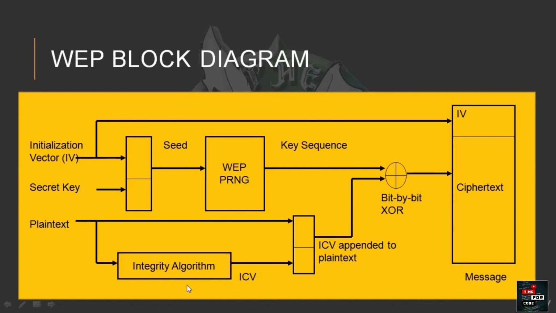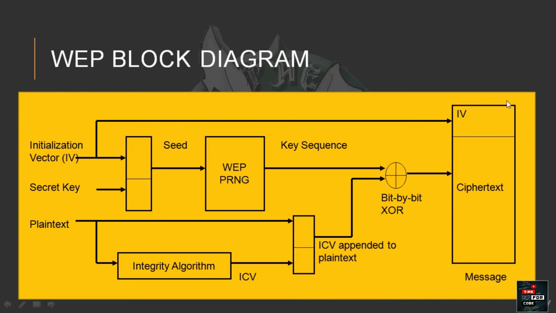This integrity check value, or ICV, is meant to provide data integrity protection so that on the receiver side, the receiver will know whether the data has been modified in transmission. Other than that, it's a bit by bit XOR of the key sequence with the plain text to give you the ciphertext. So it's relatively simple to describe, and that's what we have here.